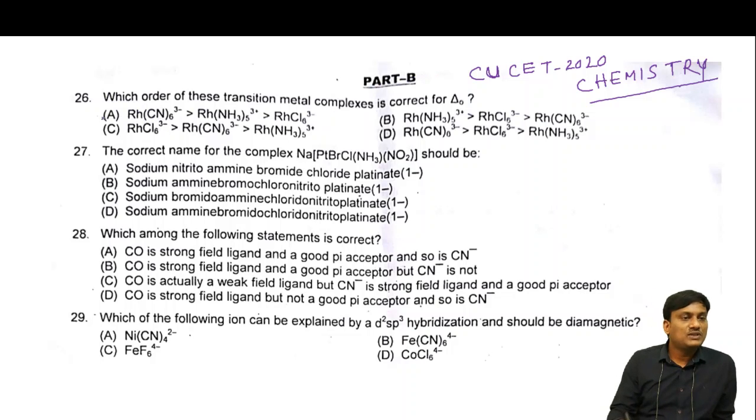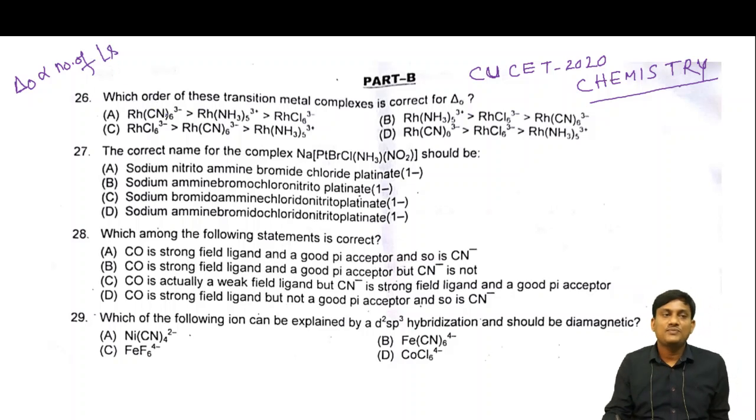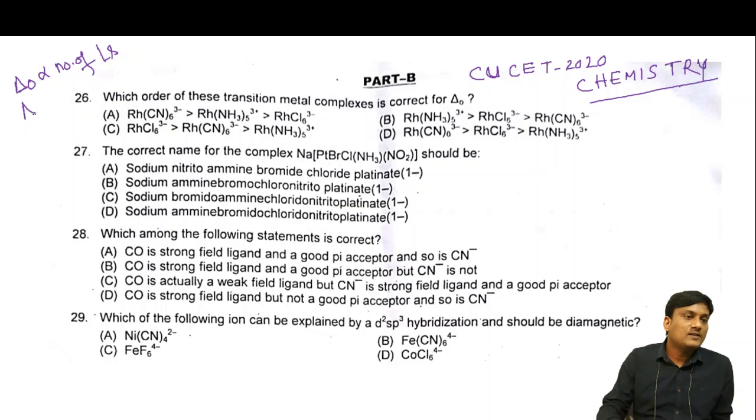Question number 26: which order of these transition metal complexes is correct for delta naught? We know that delta naught is directly proportional to the number of ligands. As the number of ligands increases, delta naught increases. And also delta naught is directly proportional to the strength of ligands.